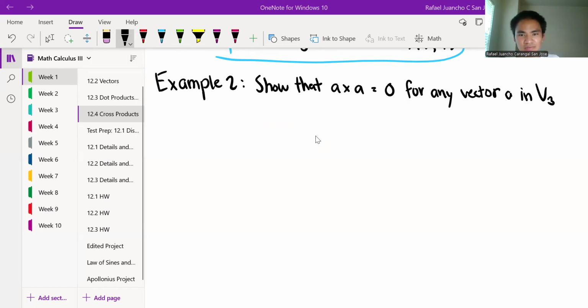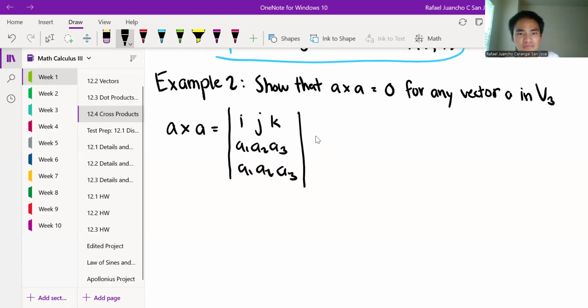Okay, so we just do this as normal. We use that formula. So we have I, we have J, we have K, A1, A2, A3, A1, A2, A3. And then what's next? We translate them, right?